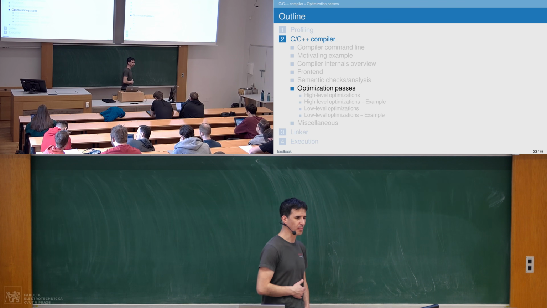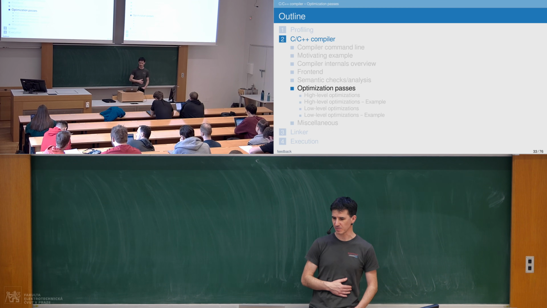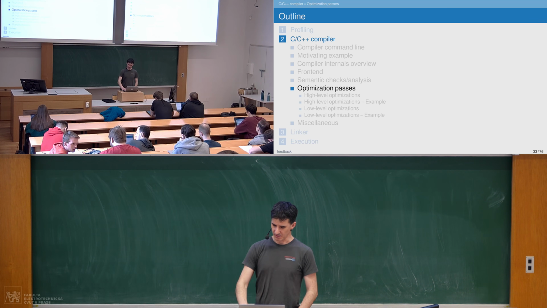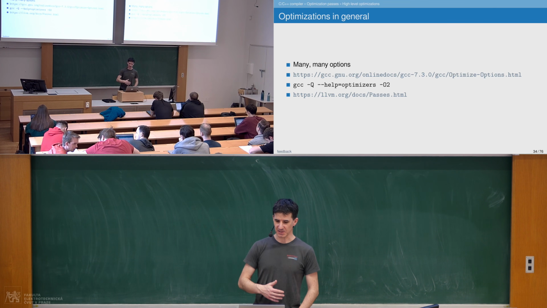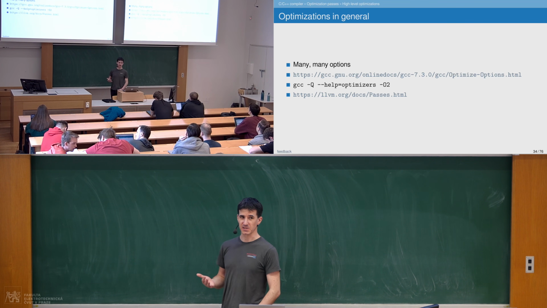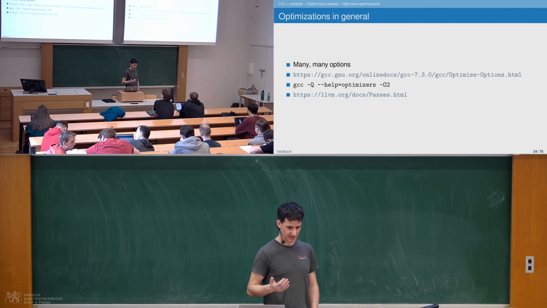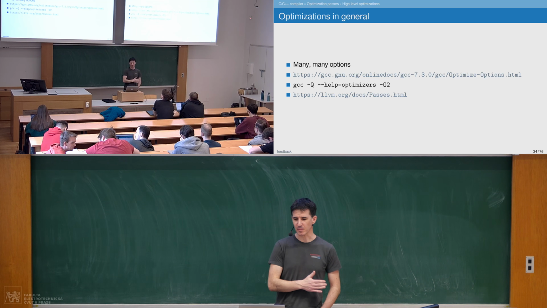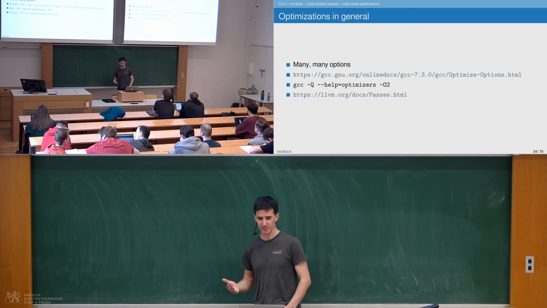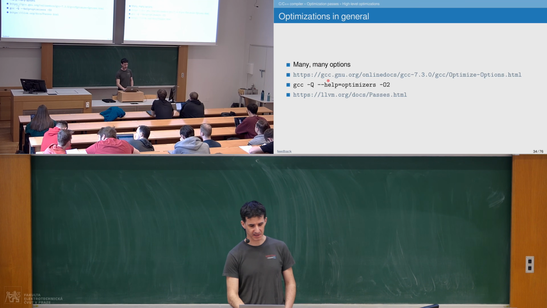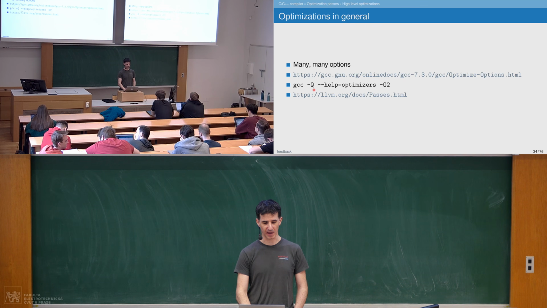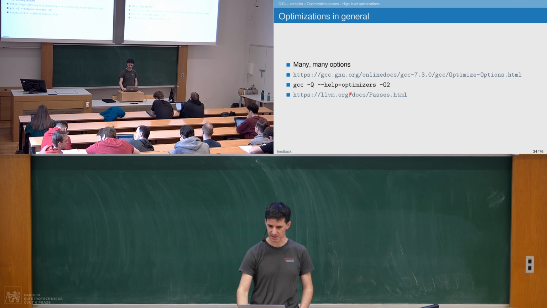Then each compiler contains a lot of optimizations. Again, you are probably not interested in understanding every optimization, but what you should understand is which optimizations can be done by the compiler and which can't. One way to understand it is to ask the compiler which optimizations it has. We have already talked about this last week.